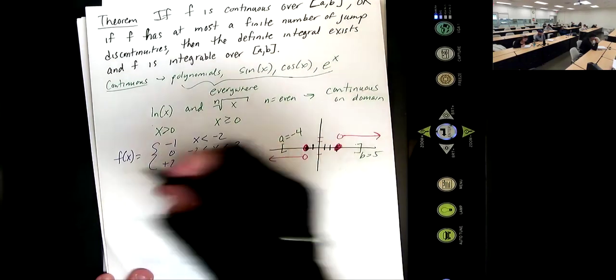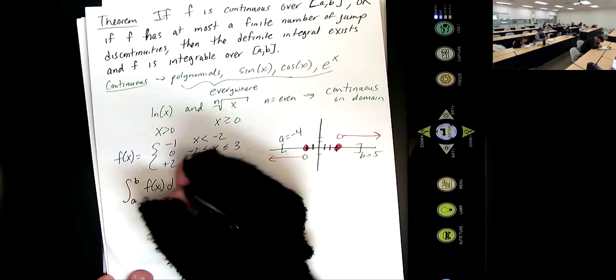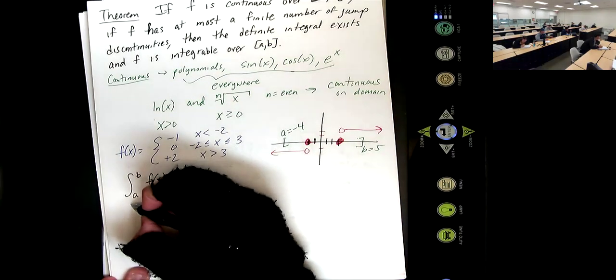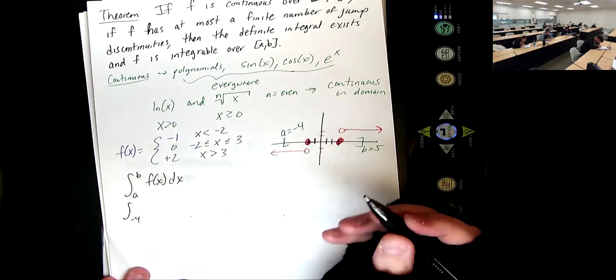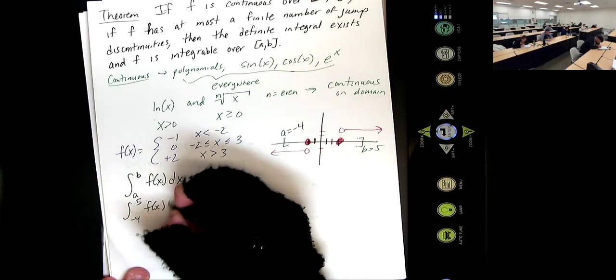So like we're gonna integrate from a to b of f of x dx. And this is the integral from -4 to 5 of f of x dx.